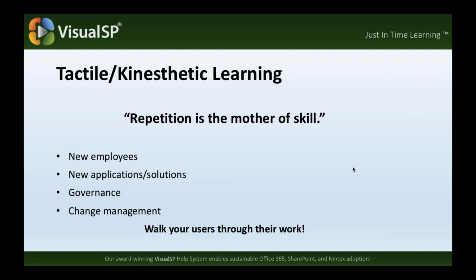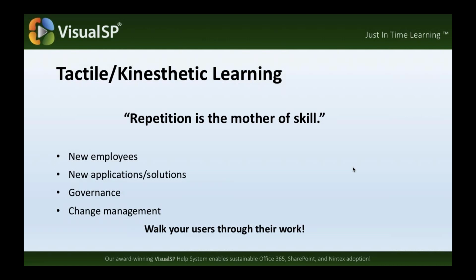And so that was something that was really important for us as we were building out our newest product, VisualSP for Office 365. And we thought about this in 4 main categories. One is that when you have new employees, I mentioned earlier that most companies have some sort of customization in their Office 365 environment. So even if they have experience in it in one company, it might look completely different, or their workflow might be completely different in a new company.